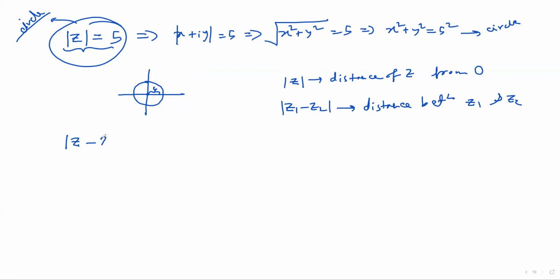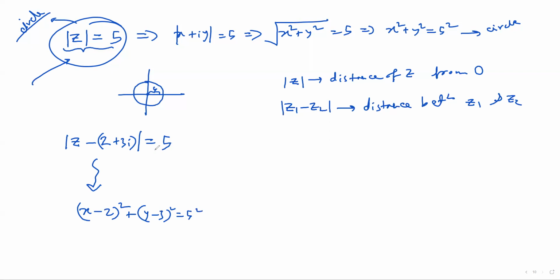So if we write something like modulus of Z minus (2 plus 3i) equals 5, according to the experience we already gathered, you can do the calculations. Just replace Z by X plus iY and complete the calculation. Eventually, you would get (X minus 2) whole square plus (Y minus 3) whole square is 5 square, which should be pretty basic calculations.